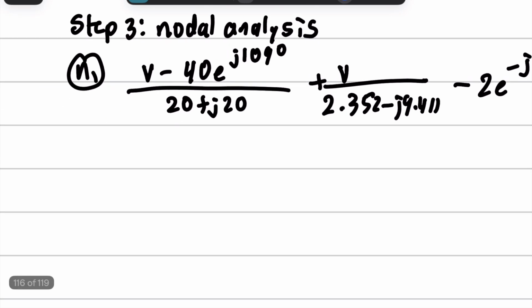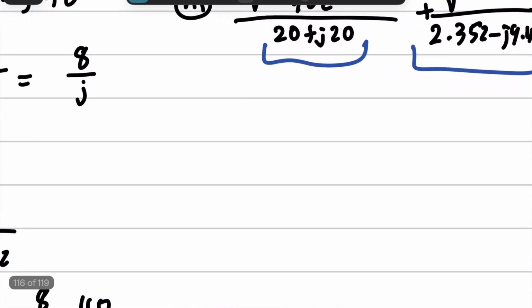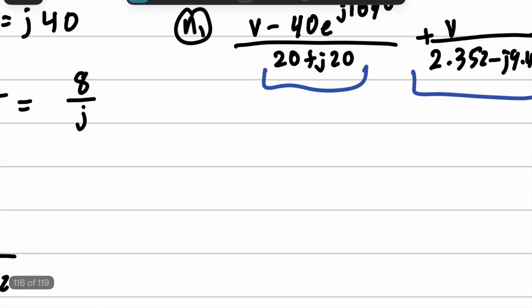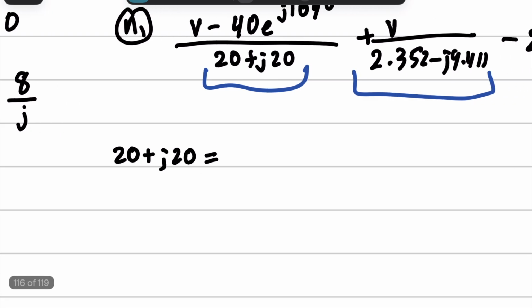And now we are going to convert these into their polar forms. I'm not going to go through the math; you should be able to know how to do this already.